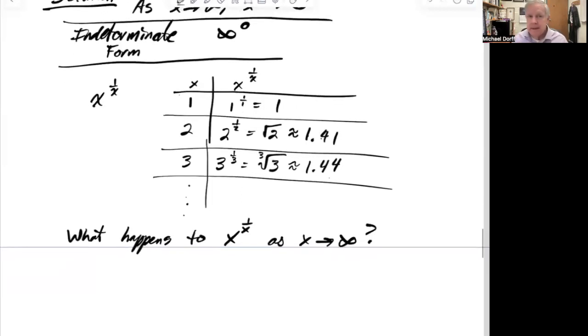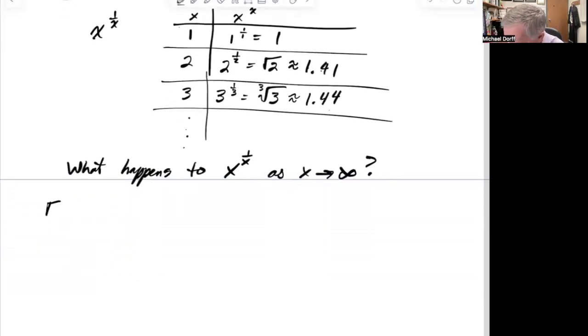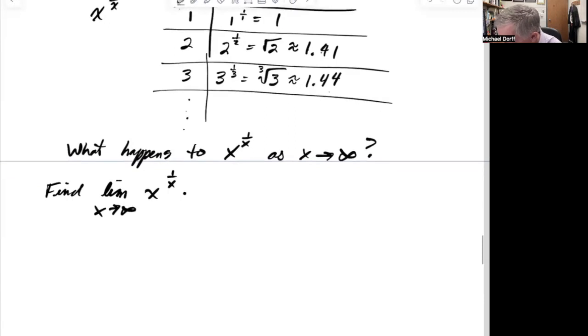All right, this is the beauty where now we can use L'Hopital's rule to actually answer this question in this particular case. So again, what we're trying to do in this problem is find the limit as x goes to infinity of x to the 1 over x power. And we saw that this was of the form infinity to the 0 power, which is an indeterminate form.